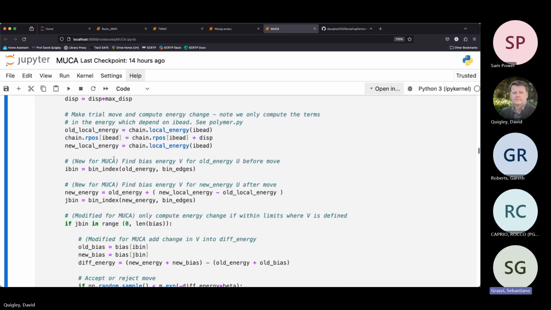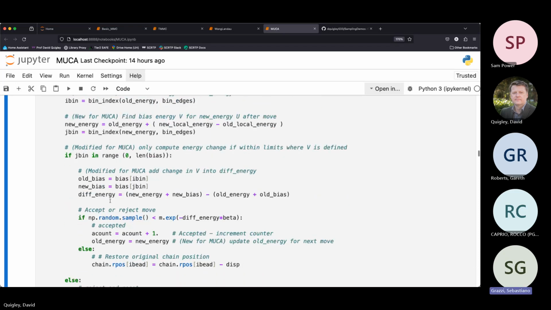I do exactly the same move, only now I have to decide which bin was I in, which energy macrostate was I in before I made the move, which energy macrostate am I in after I make the move, and then I compute the old bias, the new bias, and I add that change in bias to the change in energy. And then that's what I use for my Metropolis criteria to accept or reject the move.